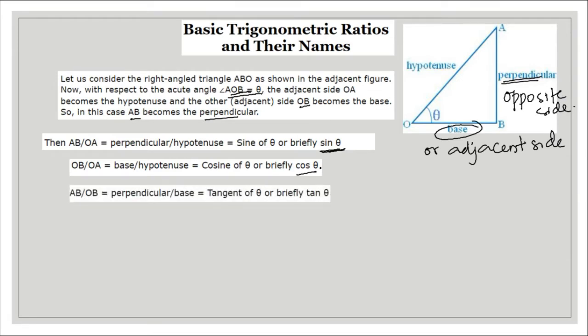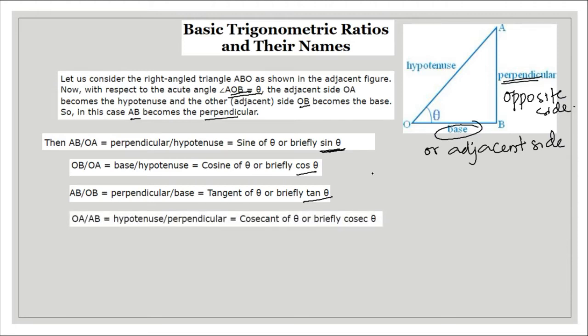AB by OB is perpendicular by base, or else it is opposite side by adjacent side. It is defined as tangent of theta, and it is briefly mentioned as tan theta. The ratio OA by AB is hypotenuse by perpendicular.